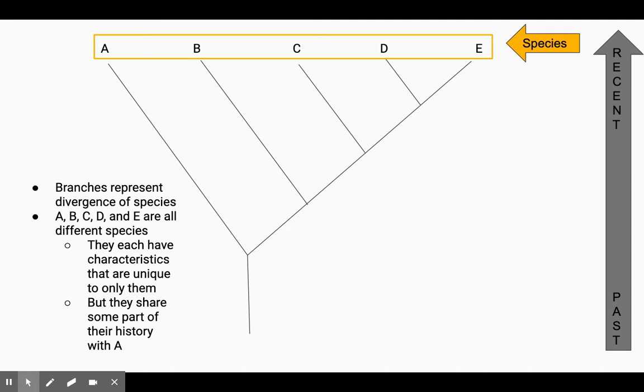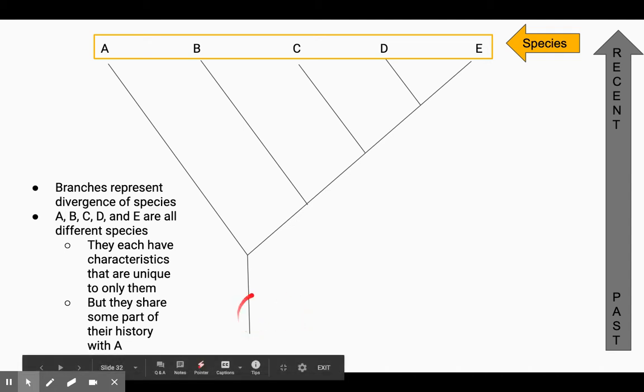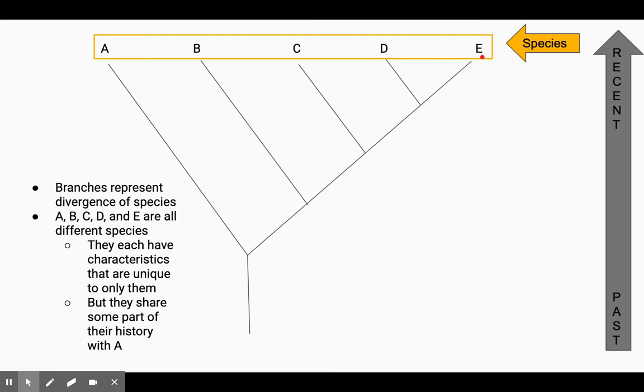So like I said before, phylogenetic trees, we read them from past to most recent. So letter E would be our most recent to become a species. And letter A would be our oldest species, or the species that became a species the longest ago.